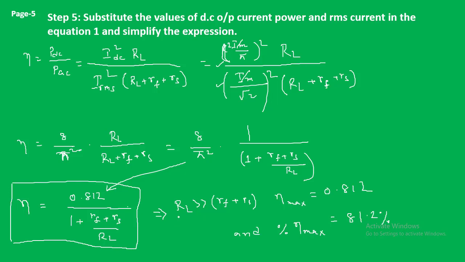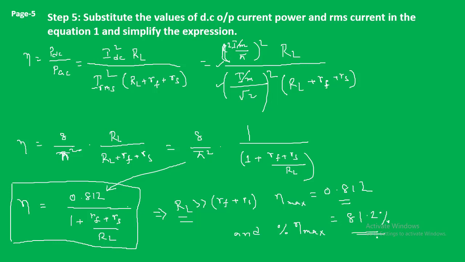Now if R_L is much greater than R_F plus R_S, this term in the expression tends towards 0 and we can ignore it. So we obtain that the maximum efficiency of a full wave rectifier is 0.812, that is 81.2%.